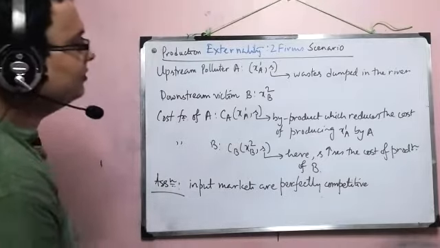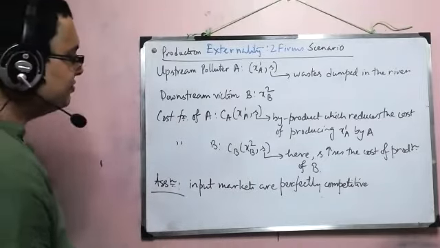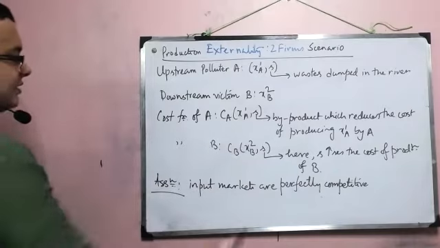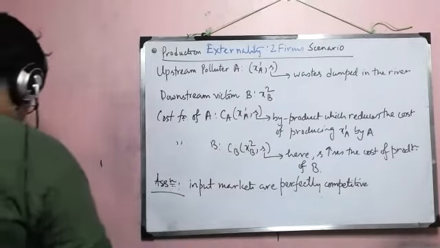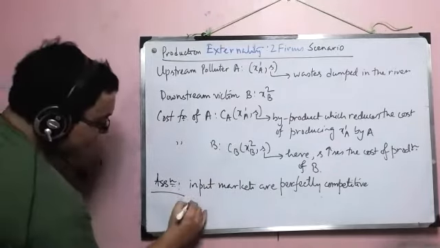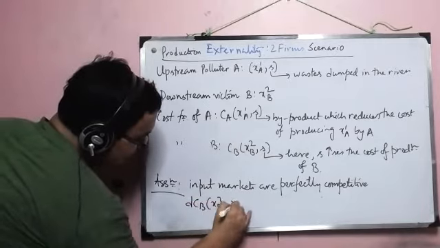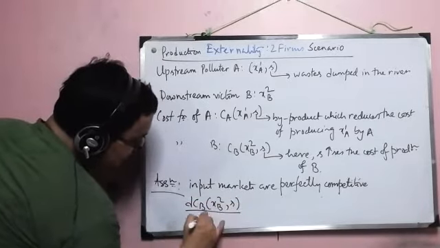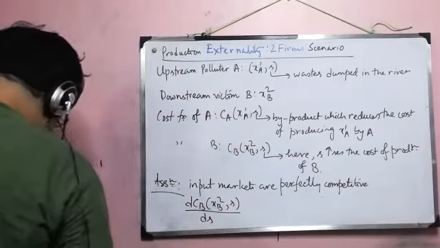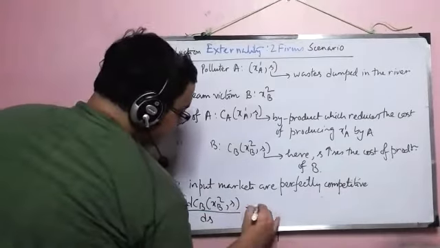We are going to make two more assumptions which will reflect these two things. Number one: dCB of XB2 and S over dS will be positive.